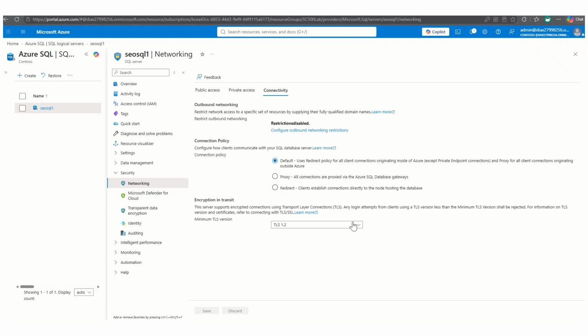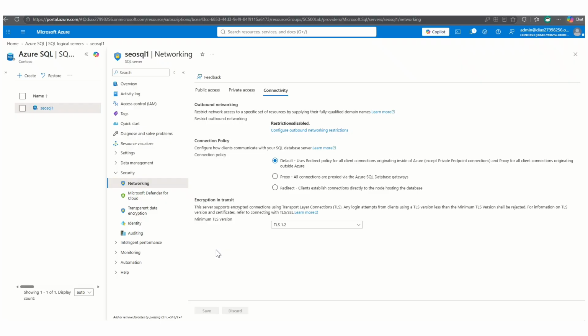Okay. So proxy, again, all connections are proxied via the Azure SQL database gateways. Redirect, clients establish connections directly to the node hosting the database. Okay. And the encryption in transit. So this server supports encrypted connections using Transport Layer Security, or TLS.